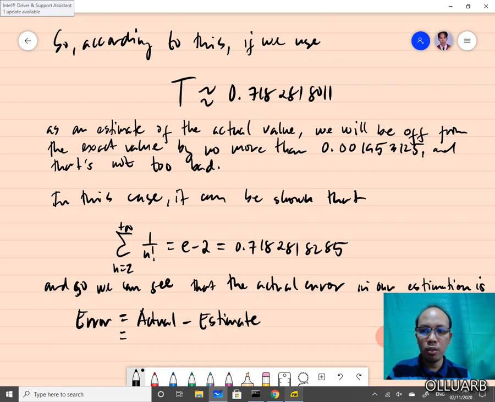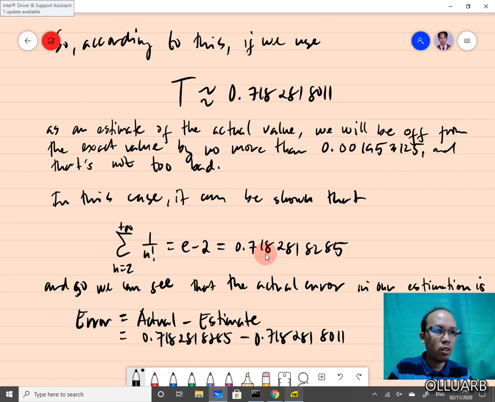So the actual value, which is 0.718281828, as you can see here, minus the estimate, which is this one, 0.718281801, this is 0.0000000274.